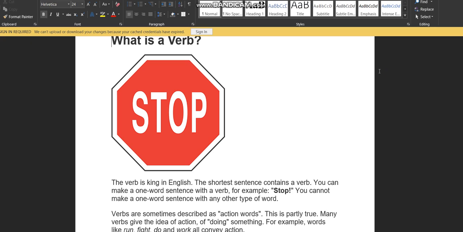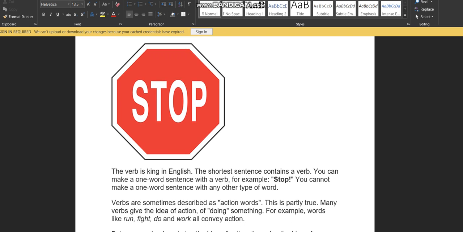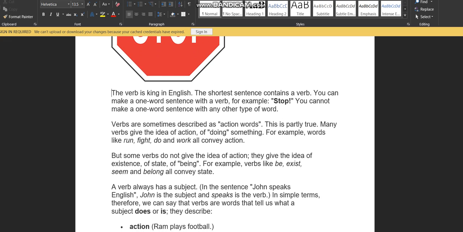Verbs are described as action verbs. This is partly true. Many verbs give the idea of action, of doing something. Why is it called an action verb? Because many verbs show us the idea of doing something, like run, fight, do, work, all convey action.